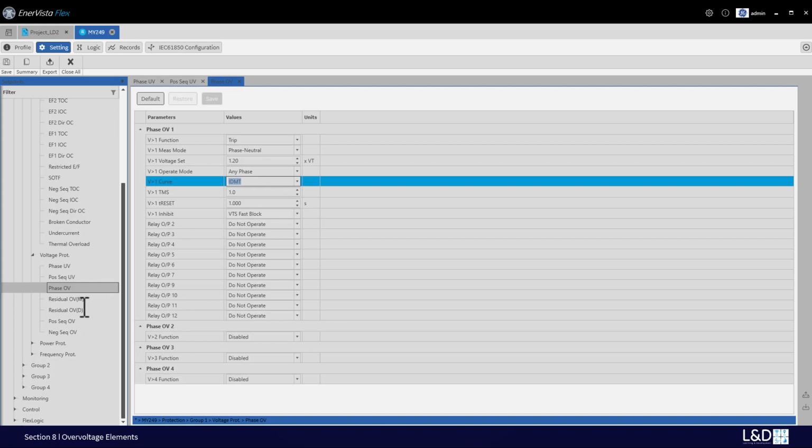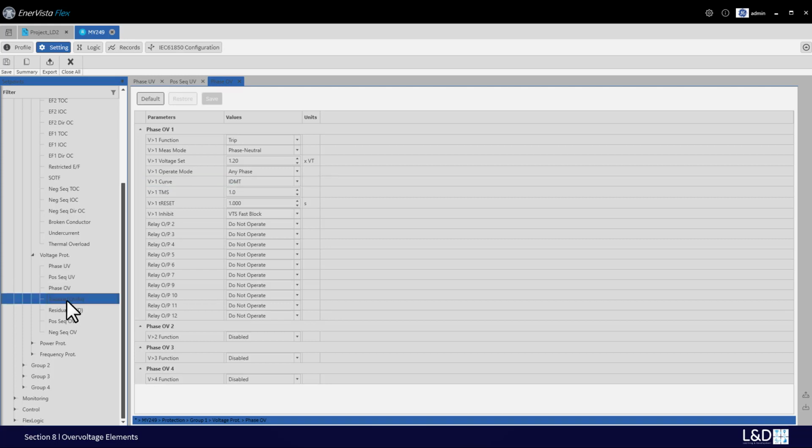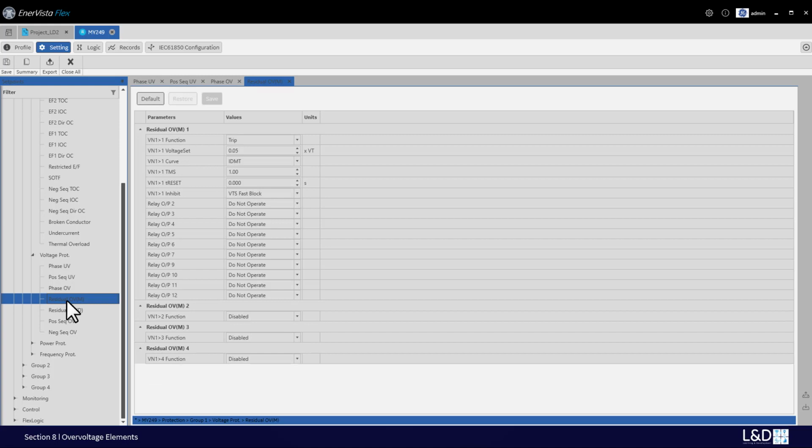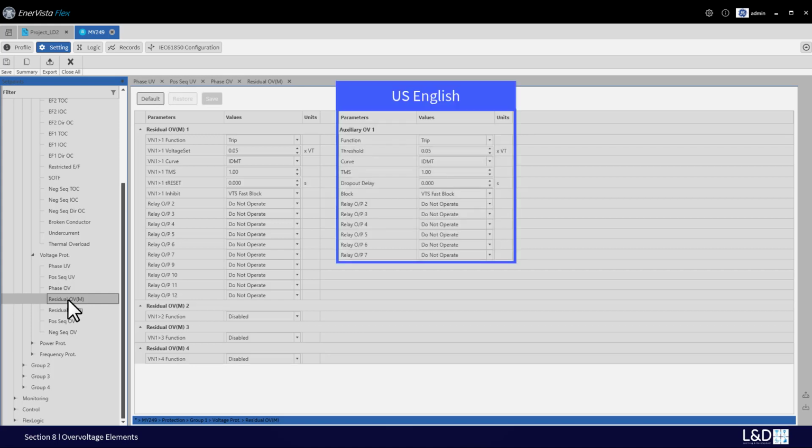Next, residual overvoltage. There are 2 ways: M stands for measured and D stands for derived. For the measured overvoltage, the input is from the auxiliary VT, and its US English name is auxiliary overvoltage.